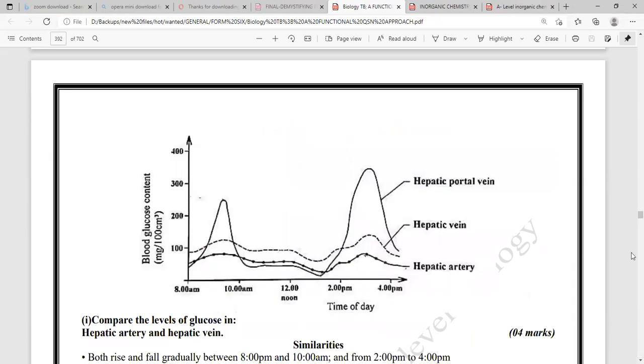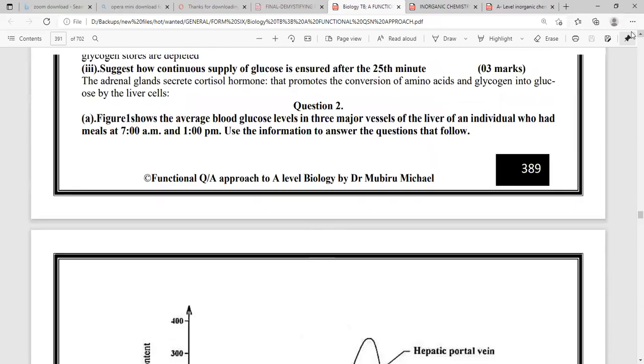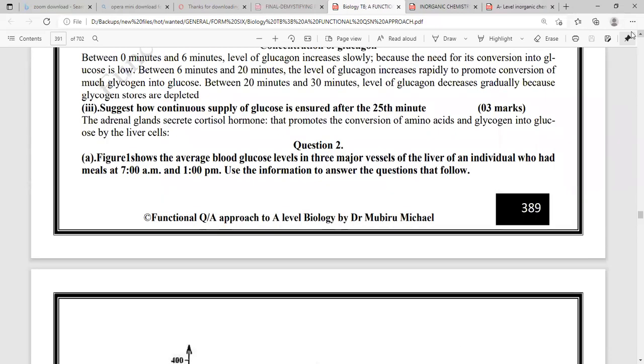You can try out this question, which shows the average blood glucose levels in the 3 major vessels of the liver of an individual who had meals at 7:00 a.m. and then 1:00 p.m. Use the information to answer the questions that follow.